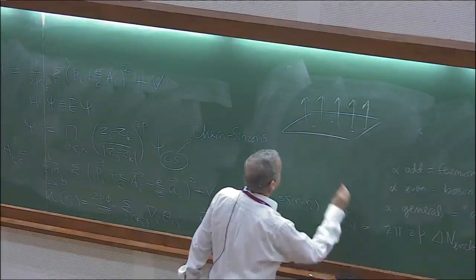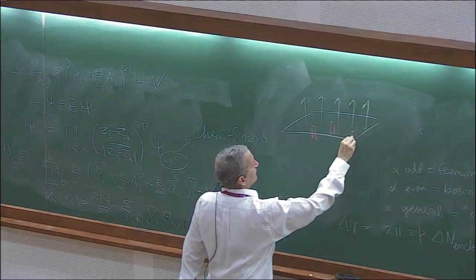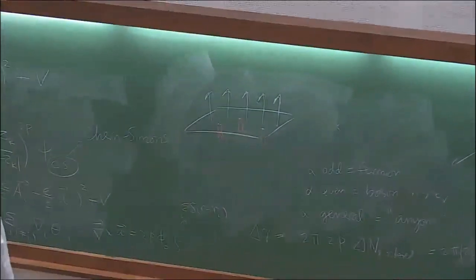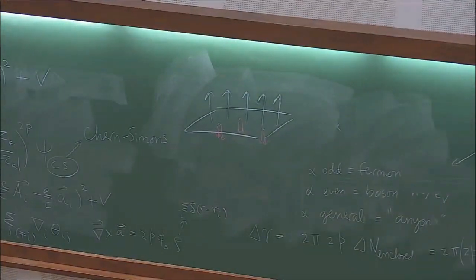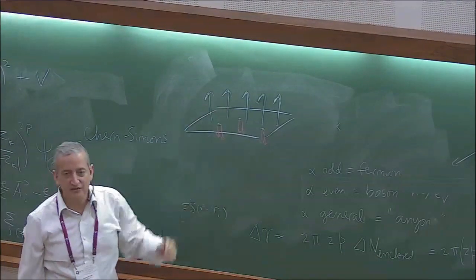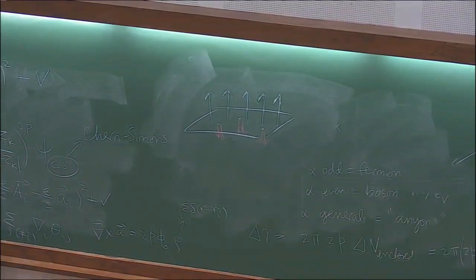But if you take the average magnetic field, so if you count the flux quanta bound to the particles also as being part of the external magnetic field, then you get the same effective magnetic field that we had yesterday.